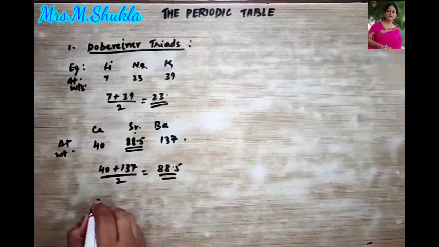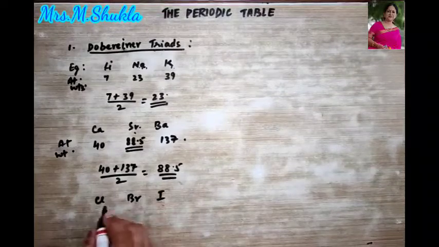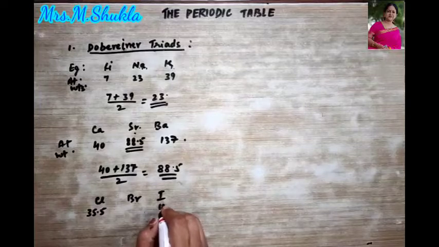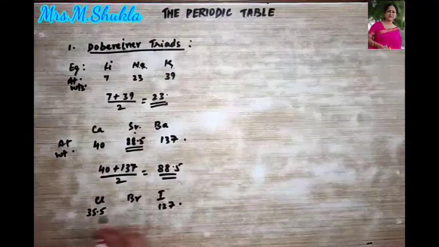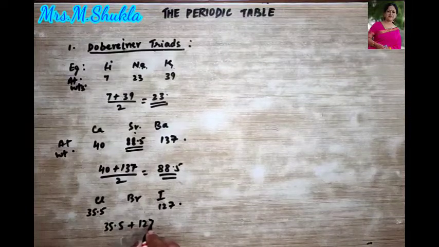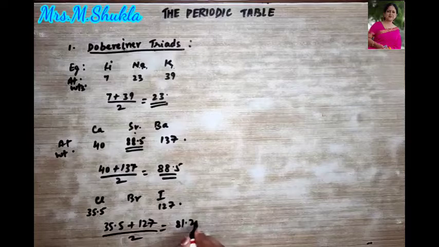Another example he took, like chlorine, bromine and iodine. He took chlorine with 35.5 and iodine as 127. And what did he do? 35.5 plus 127 upon 2, and he got this as 81.25.